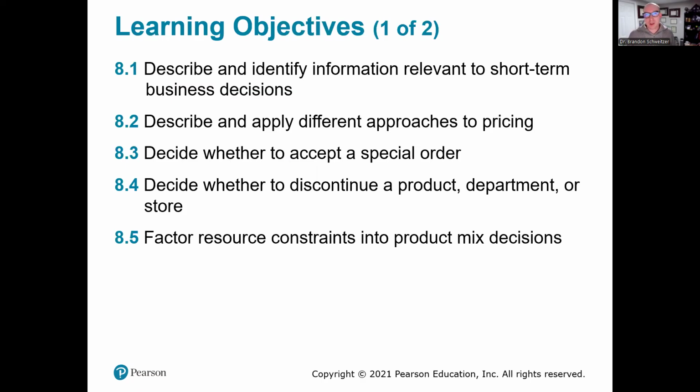We'll also look at situations where you might receive a special order and then we have to decide whether to accept it or not. We'll also look at whether we need to discontinue a product, department, or store location. We will also look at constraints that we have when it comes to our product mix decisions when we have multiple products that we sell.